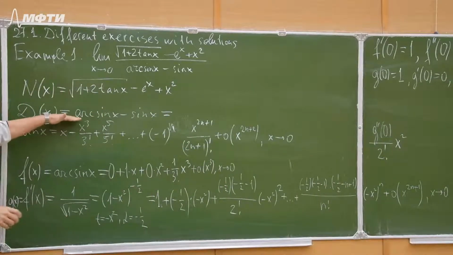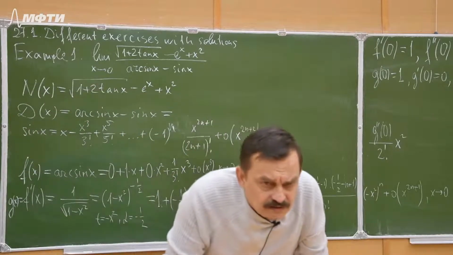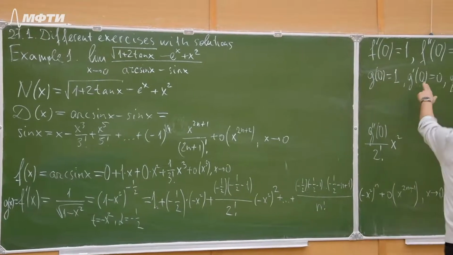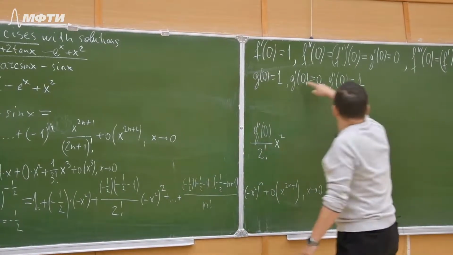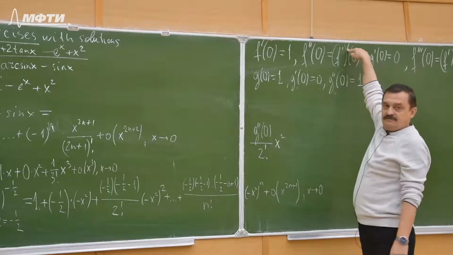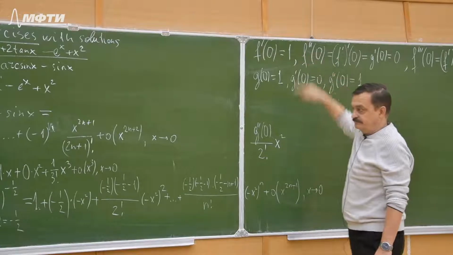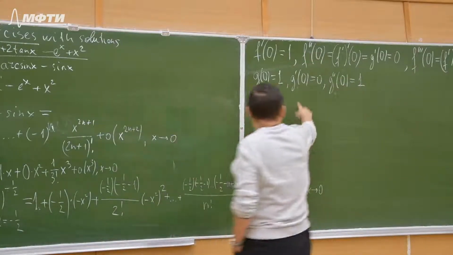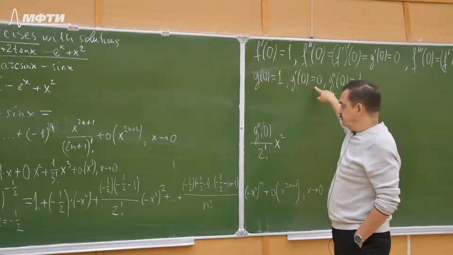if we look at the denominator, arc sine minus sine, what is g prime at 0? It equals 0. Because what is g prime? g prime is f double prime, the second derivative. Sorry, g prime at 0. Why is g prime at 0 equal to 0?